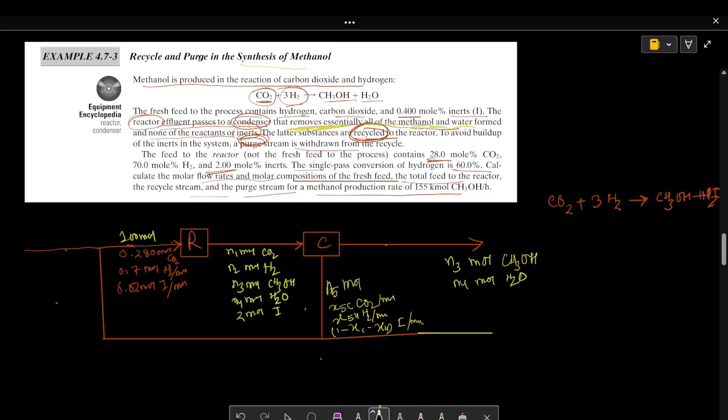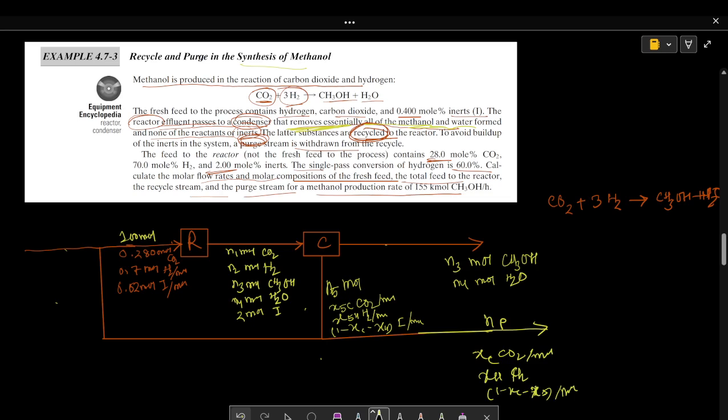And you see that there is also a purge stream. At this point, we say this is the separation point. So the molar composition of the components carbon dioxide, hydrogen and inert will be the same in these three streamlines, but the total mole is different. Let me assume that the purge stream total mole is np, and the molar composition is the same as before: xc, xh, and 1 minus xc minus xh mole per mole of inerts.